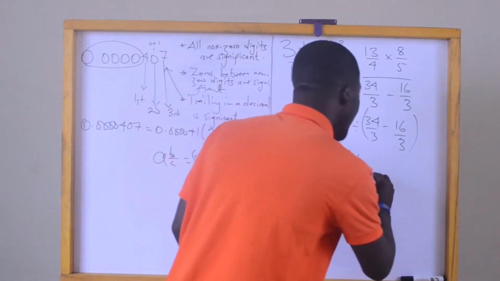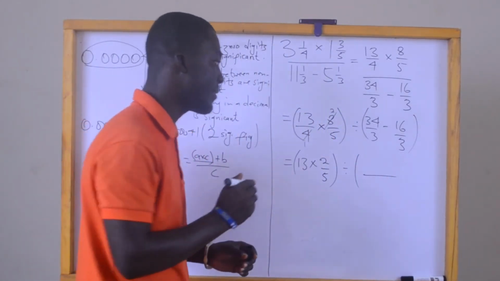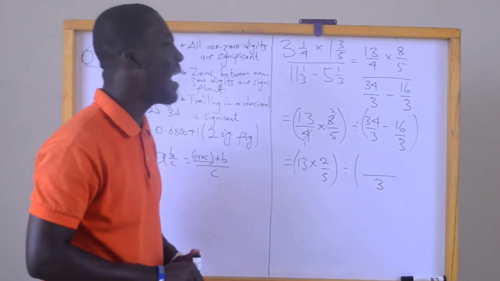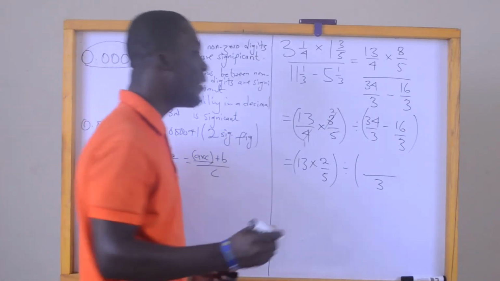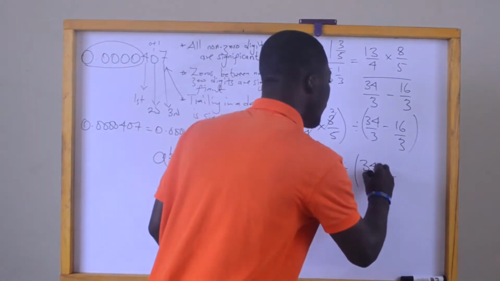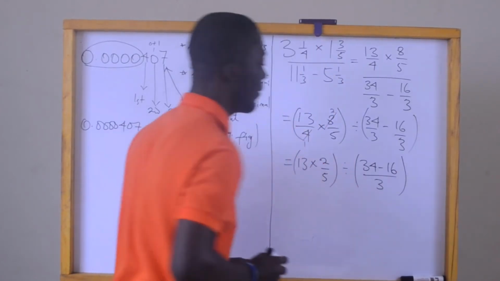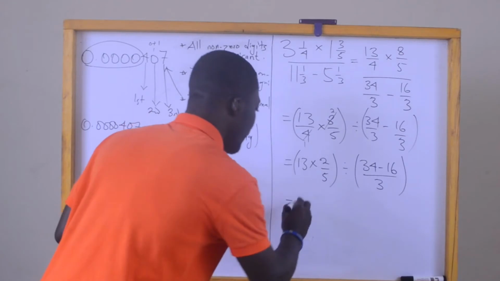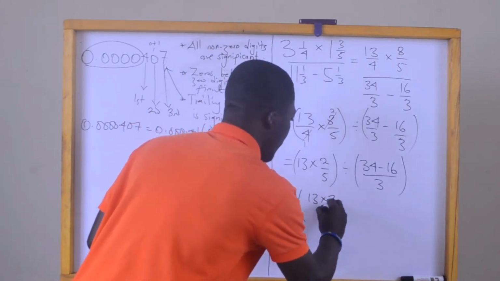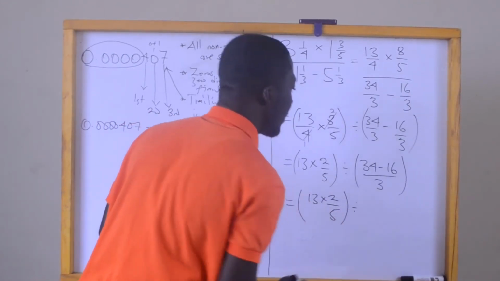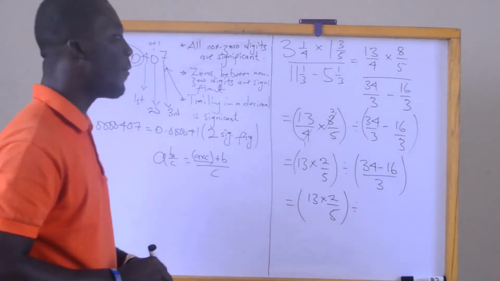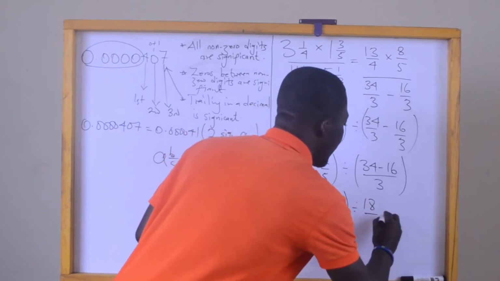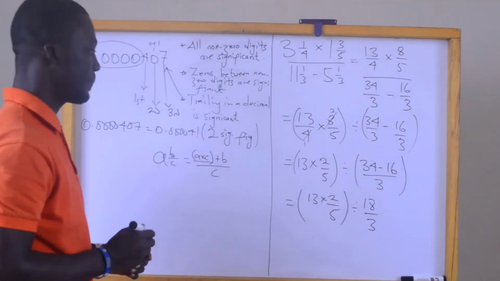Since they have common denominators, we will pick one of them and write it as their denominator. Then we subtract the numerators as we have over here. And when you simplify our second bracket, 34 minus 16 is going to give you 18, then divided by our 3.